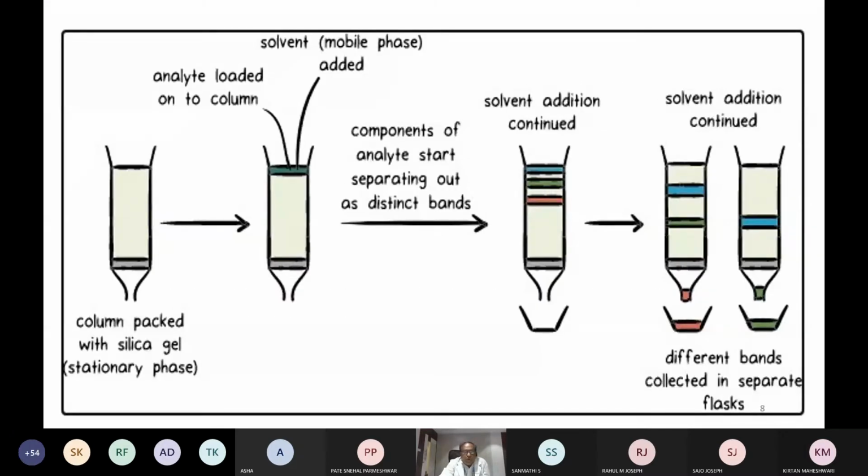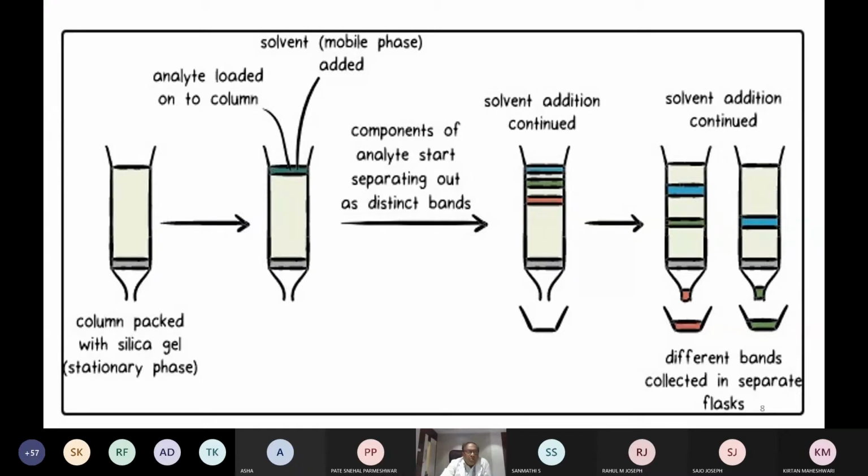Though it is not related to paper chromatography, I'm just showing here how the separation takes place. In an advanced technique, there will be a column, which we call column chromatography.